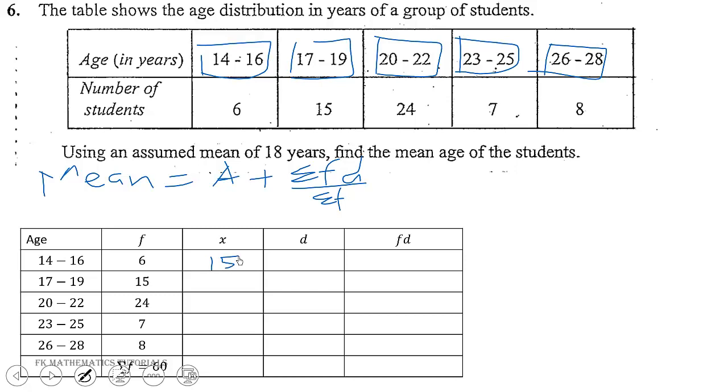Then this one will be 18. 17 to 19, the midpoint is 18. Then this one, the midpoint is 21. Then the midpoint will be 24. And this one will be 27.